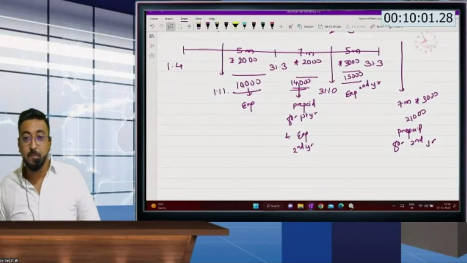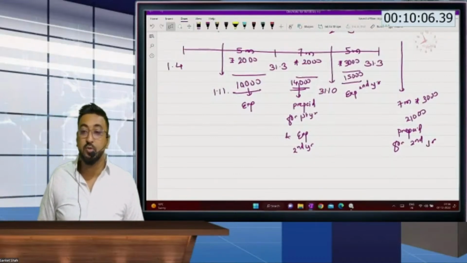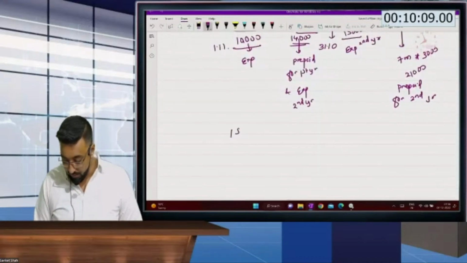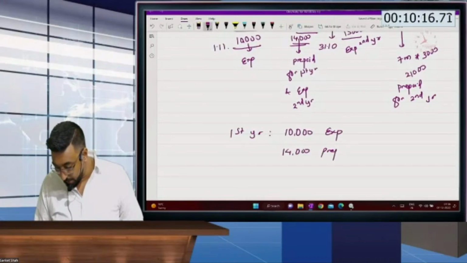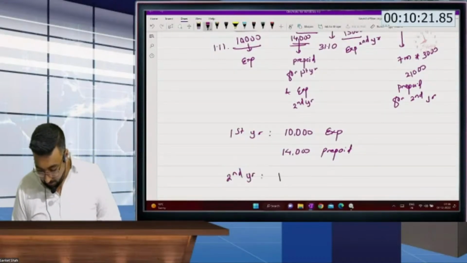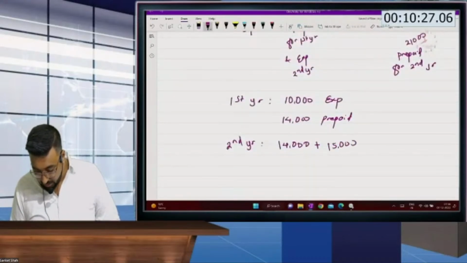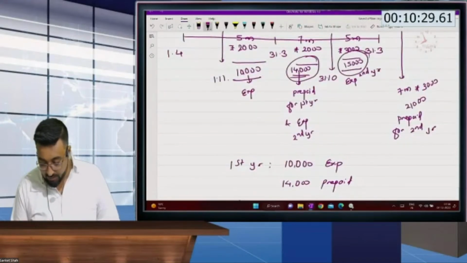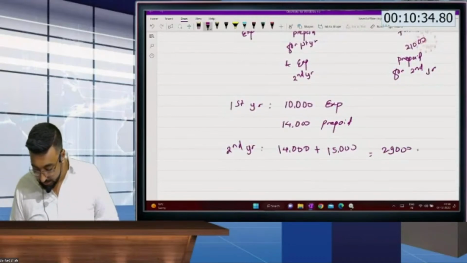Second year 14,000 is expenditure plus 15,000 is expenditure, 14 plus 15, 29,000 expenditure and 21,000 prepaid.